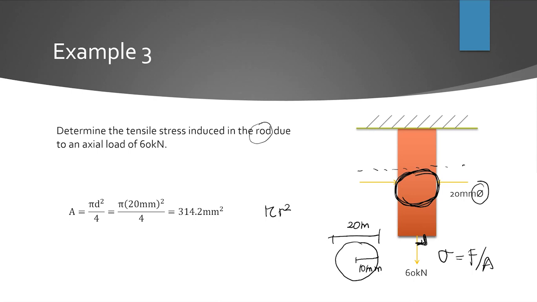Okay. And then after that we can calculate the stress. Force divided by area, so 60 kilonewton convert into Newton times 1000 and divide with the area of the circle, our round rod cross section just now. Okay, so I get 191 Newton over mm square. So simple.